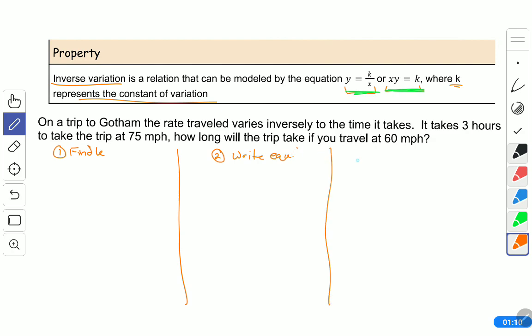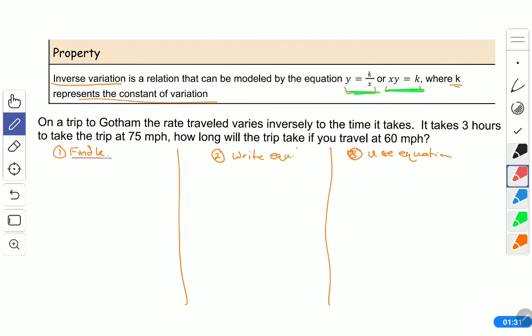And the third phase is to actually use that equation. Now, many variation problems in math will ask you for one of those 3 stages. So sometimes, depending on what the question is asking, you don't have to do all the stages.